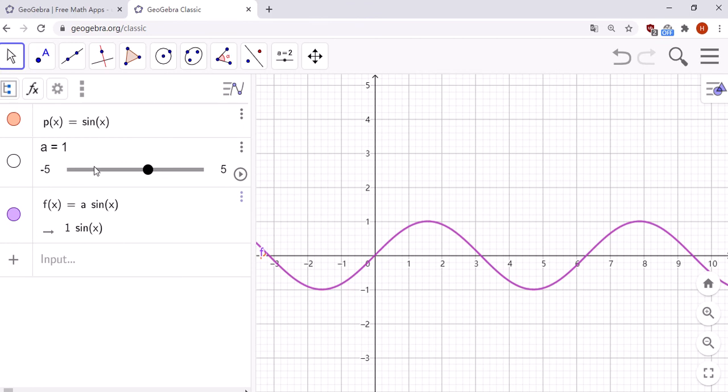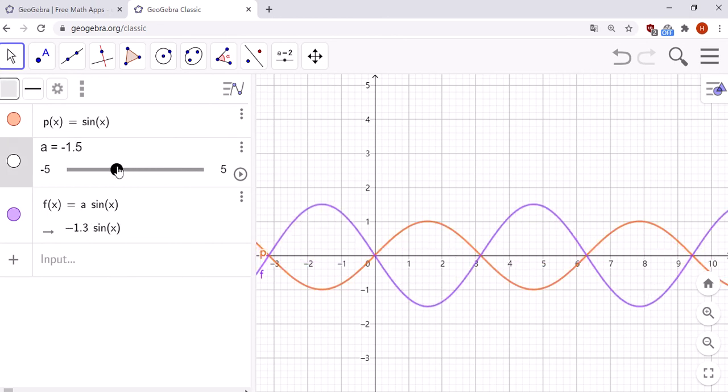Here a is 1, so the two graphs are the same. Right now we change a to -1.5, so it's the reflection in the x-axis, the purple one.